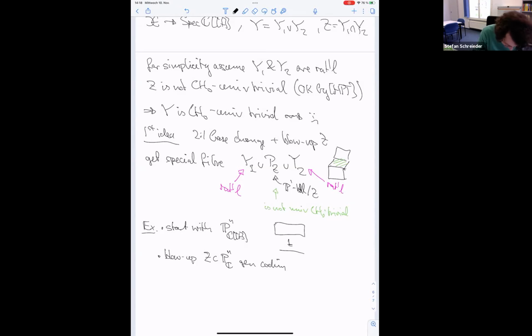Okay, so my example goes like this. So blow up a general, say, codimension 2 subvariety.